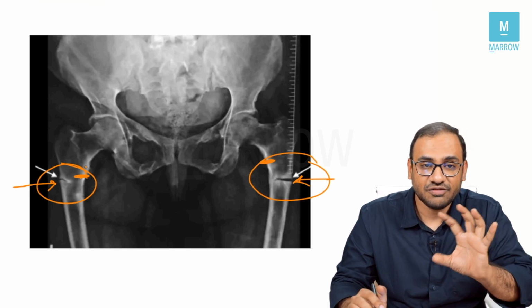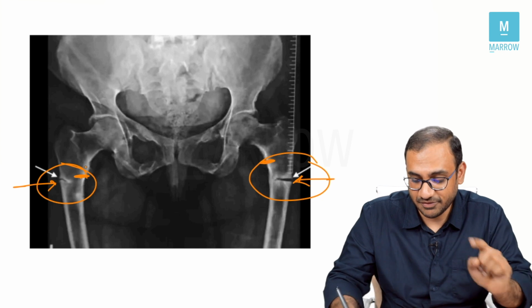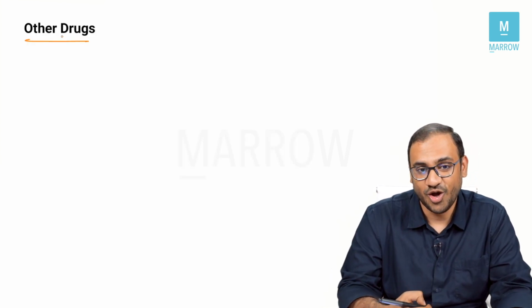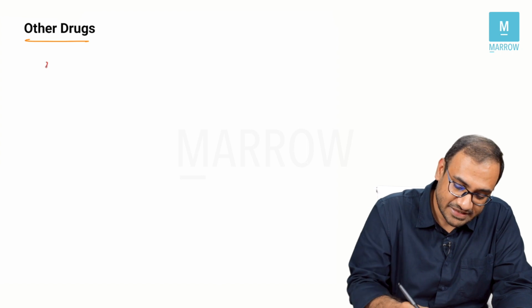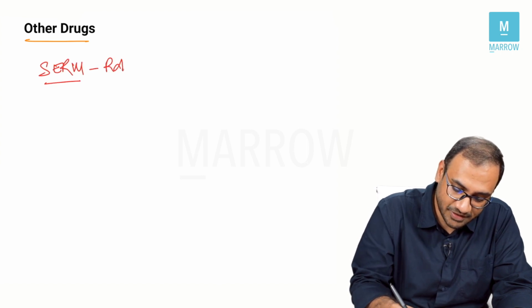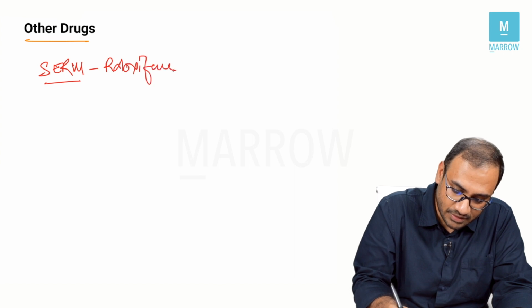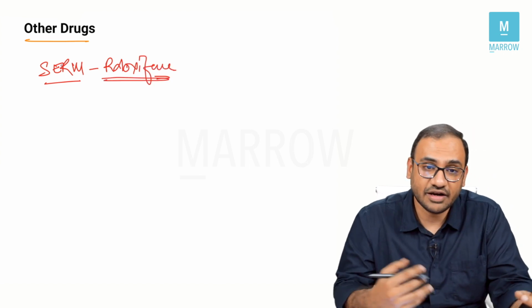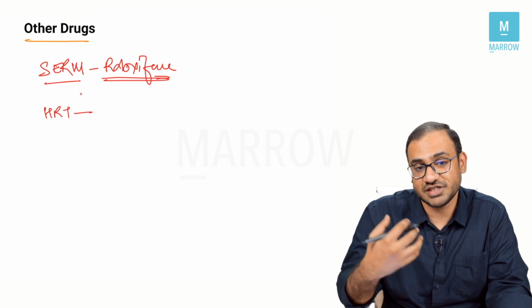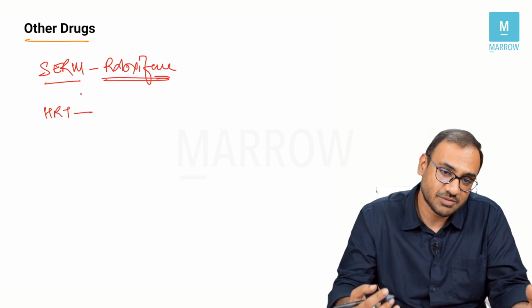So in that window period, what are the drugs that you can give? There are second line drugs or other drugs that you can offer the patient. You can give selective estrogen receptor modulators like raloxifene, or if the patient has postmenopausal features and symptoms, you can give hormone replacement therapy.